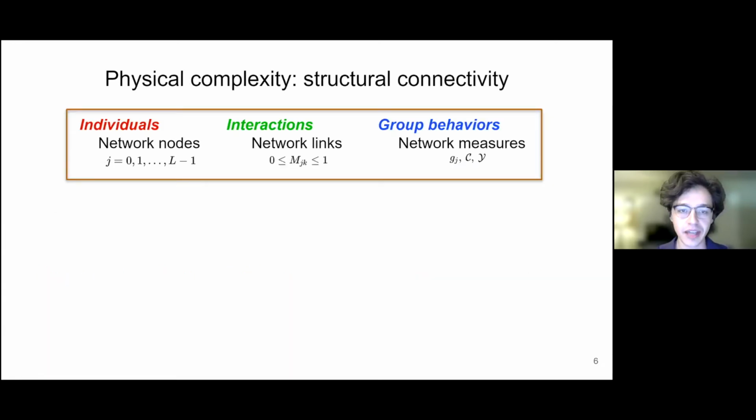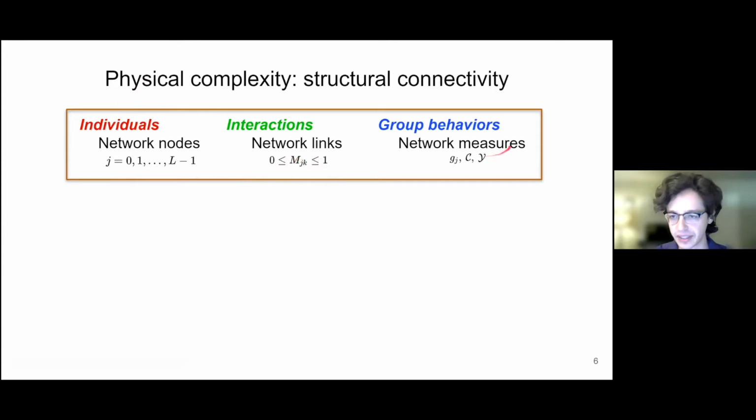Now, an important abstraction in the complexity science world is that of network science. In this abstraction, the individuals of the complex system are abstracted to the nodes of a network. Their interactions are modeled with some normalized weighted links between nodes.